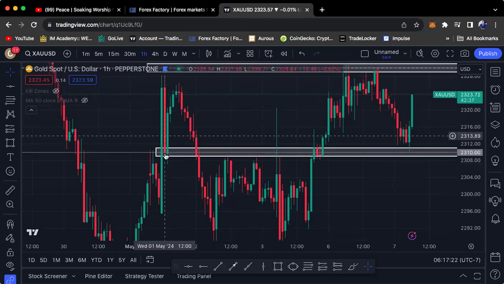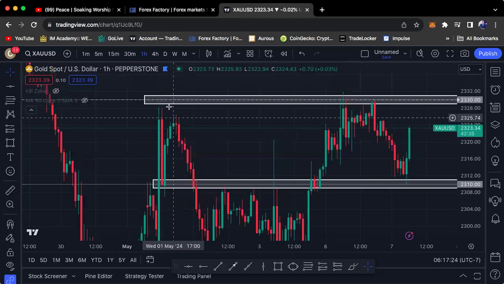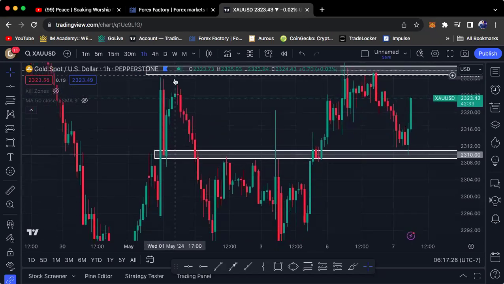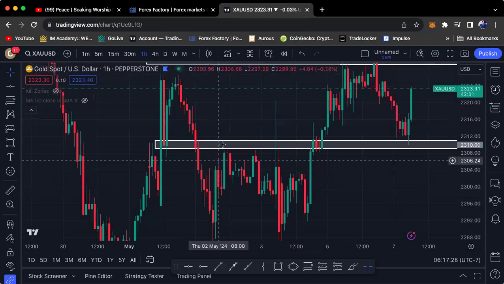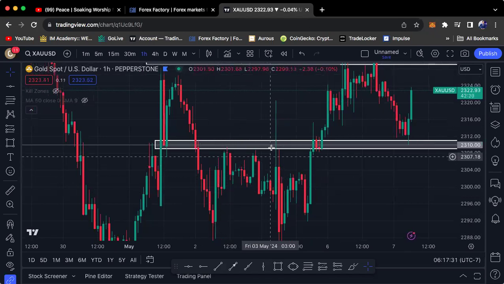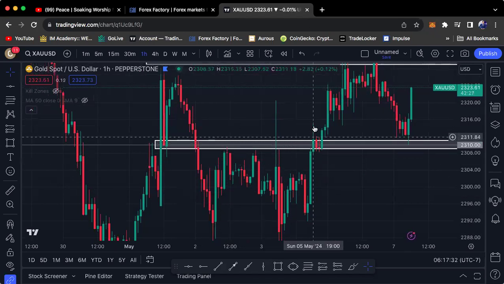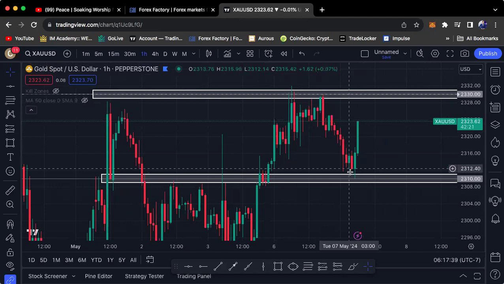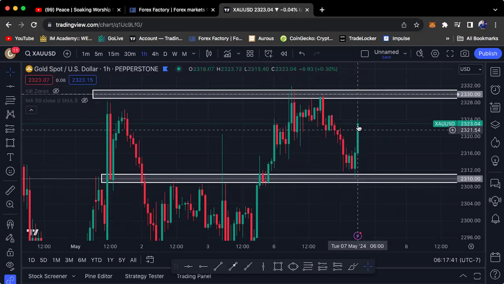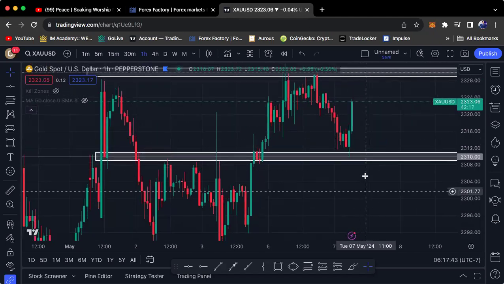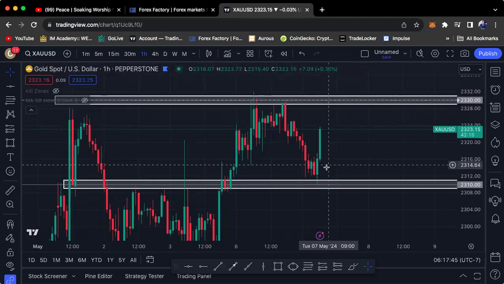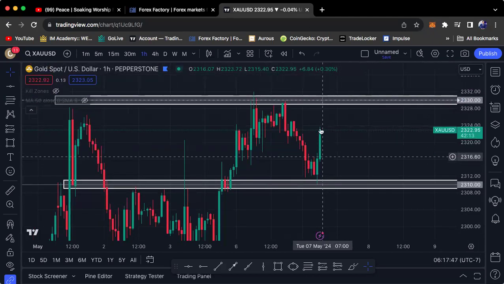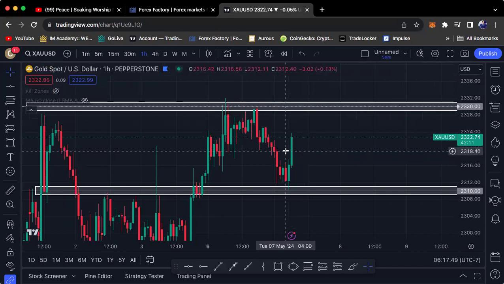It broke above, created support, created resistance up here, came back down, broke below structure, created resistance, and it finally broke through above. Retested this area again and came back down, and bounced off. It respected the support level, right? It never broke below structure. So right now, it's within these two zones.